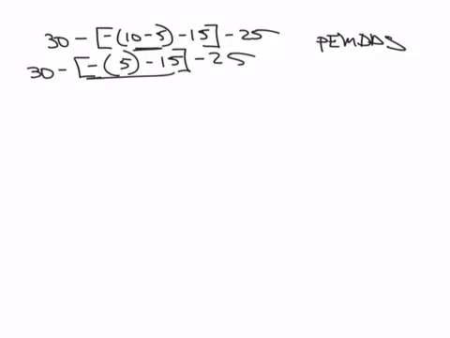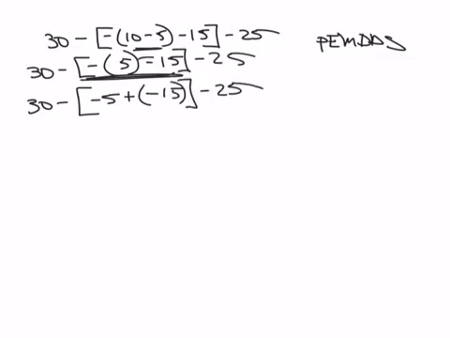Okay, now I'm going to do what's in this parenthesis since I did all that. And that says -5 minus 15 or plus -15. So I'm going to rewrite that. I didn't do anything. I just changed this to a plus negative. Now I'm going to do something with it. All right, so biggest number is -15.